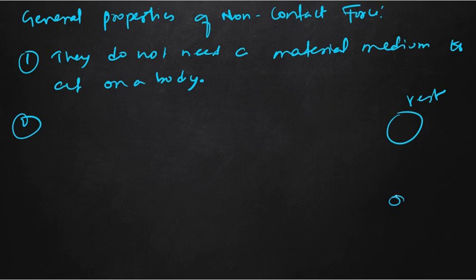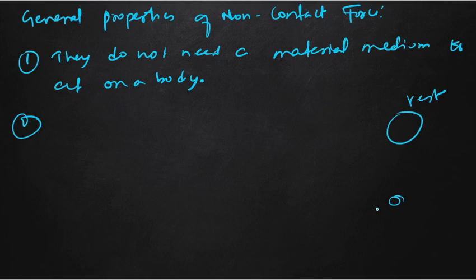Similarly, the railway engine can move a stationary train by applying a force of push or pull. Initially the train is at rest, so after starting the engine, it can either push or pull. That means initially the train was at rest, so after the engine applies a force, the train starts moving. The state of rest is converted to the state of motion by applying the force.